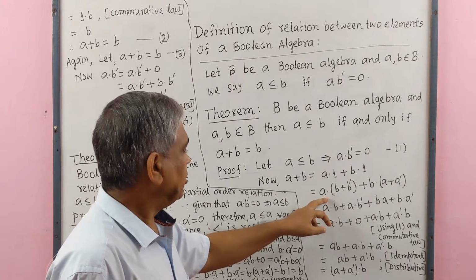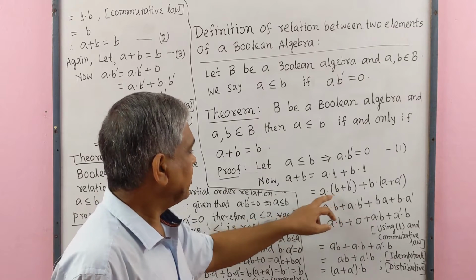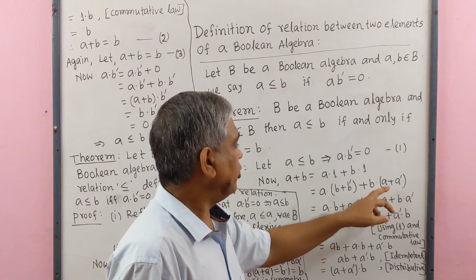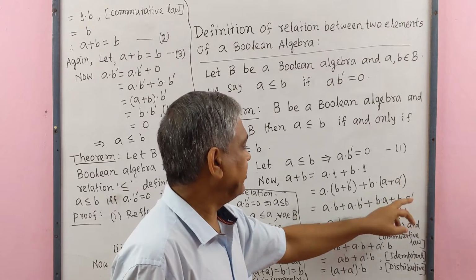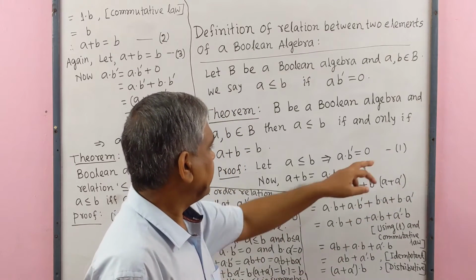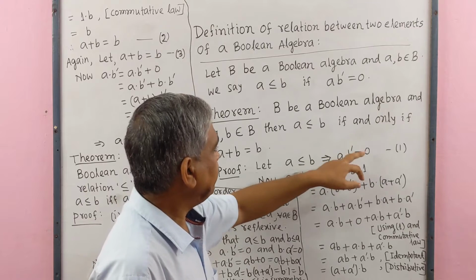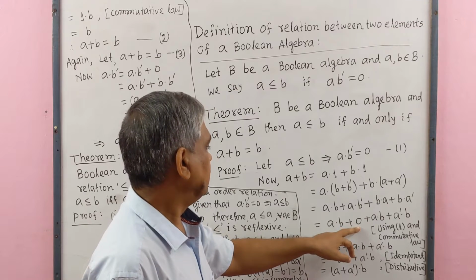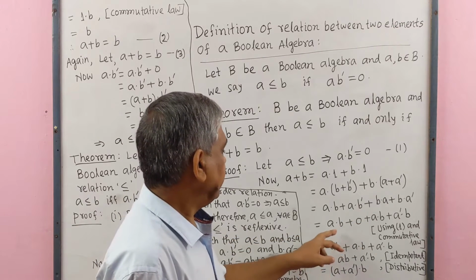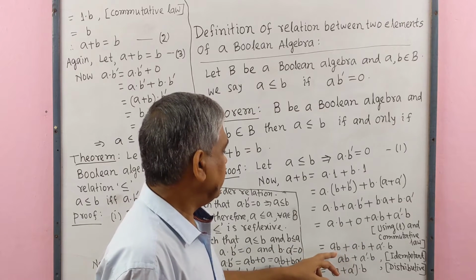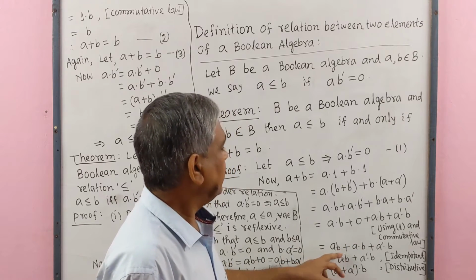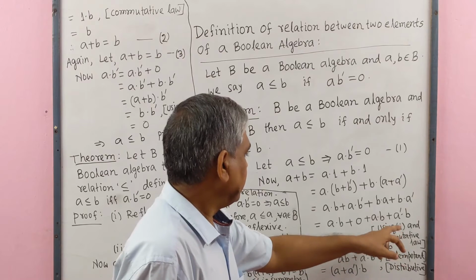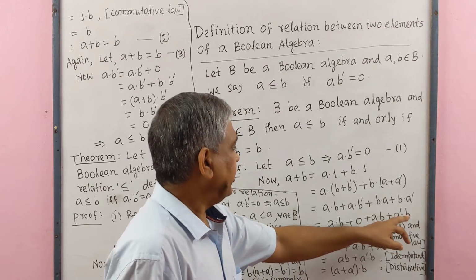By distributive law, a dot b plus a dot b prime. Here also by distributive law, b dot a plus b dot a prime. Since given a dot b prime equals 0, in this place we write 0. Now a dot b plus 0 equals a dot b plus a dot b, where we write a prime dot b.